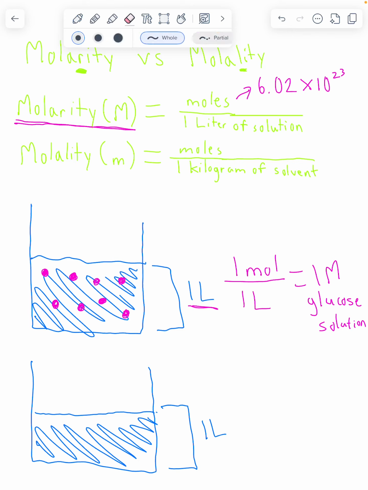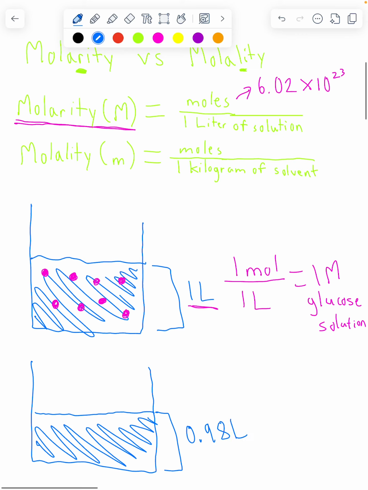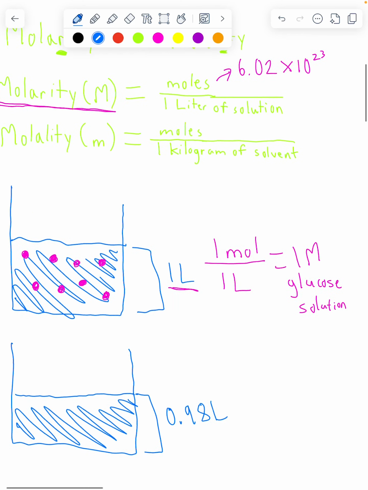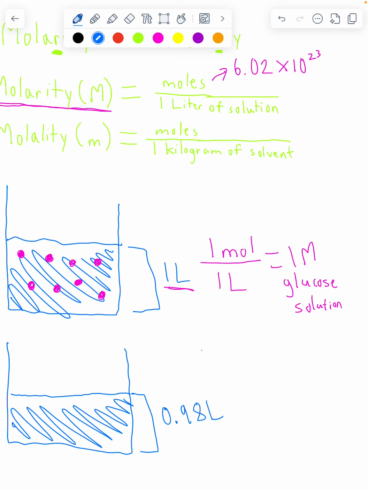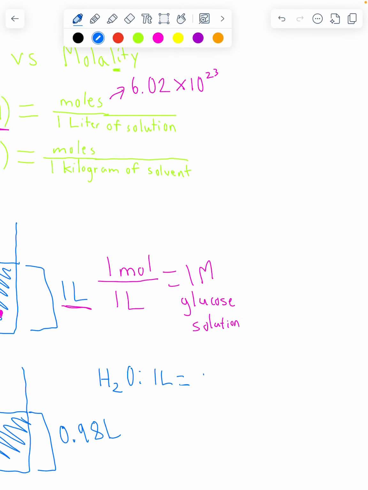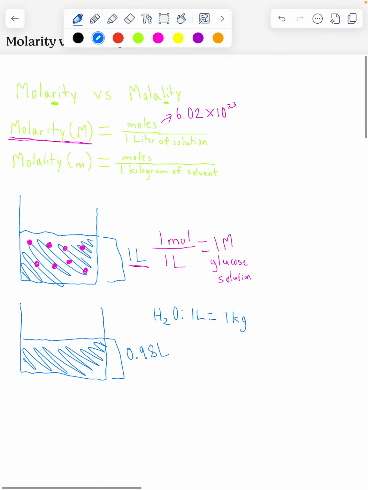So now I'm going to write our new water. It's no longer that. Our new level of water is 0.98 liters. Okay? So, if we have 0.98 liters of water, and we know for water, for H2O, 1 liter equals 1 kilogram. Okay, that's just a nice conversion that happens with water.